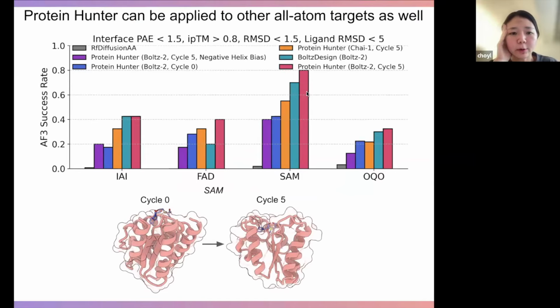Yep. For the small molecules, we also evaluated on these 4 different targets, and Protein Hunter could achieve the highest success rate measured by PAE, RMSD, and the pTM score.